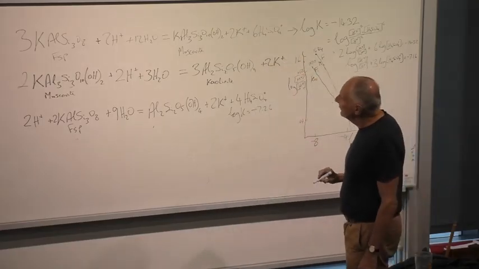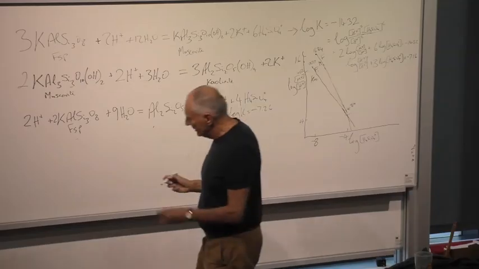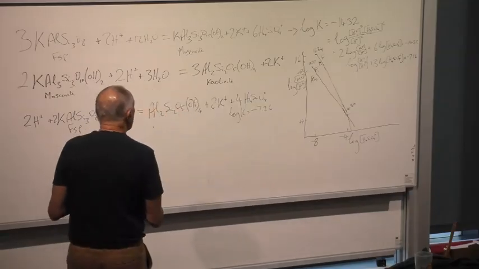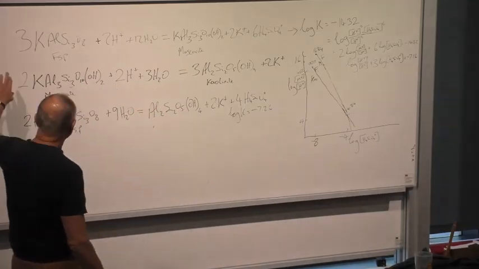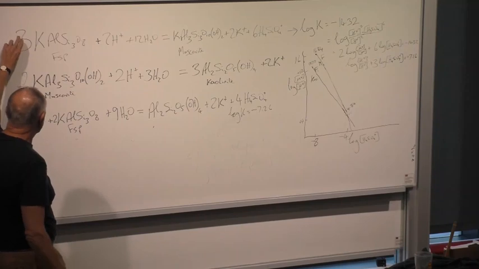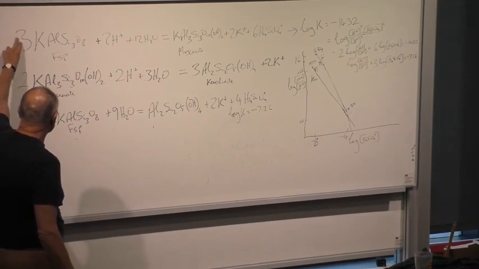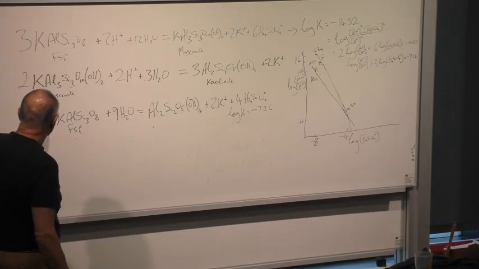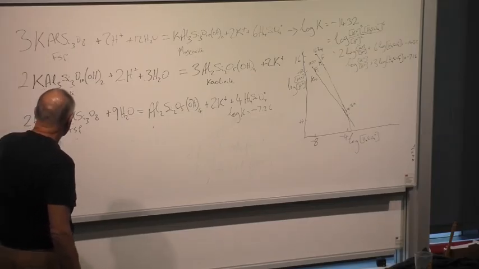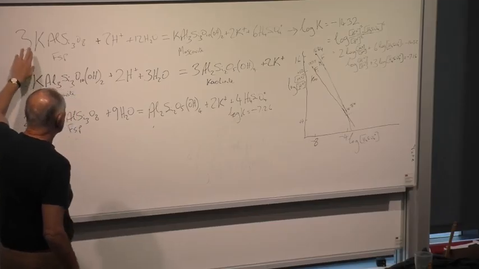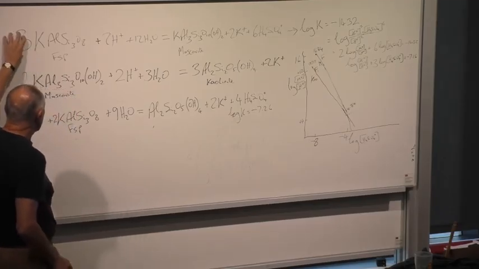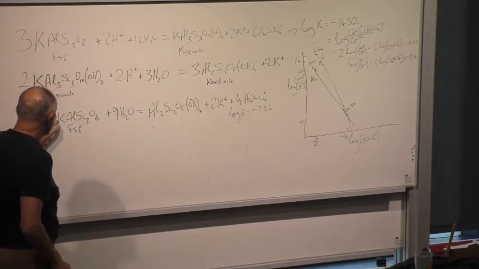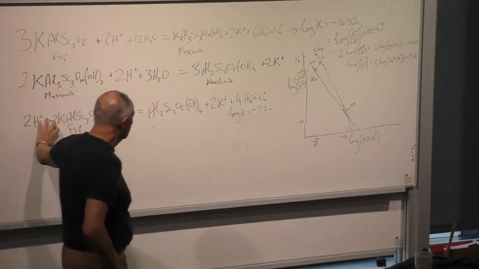Okay? So if we take two of these, we multiply that one by 2, that's 6 of those, and multiply that one by 3 is 6 of those. So we can eliminate feldspar by taking 2 times the first reaction and subtracting 3 times this reaction.